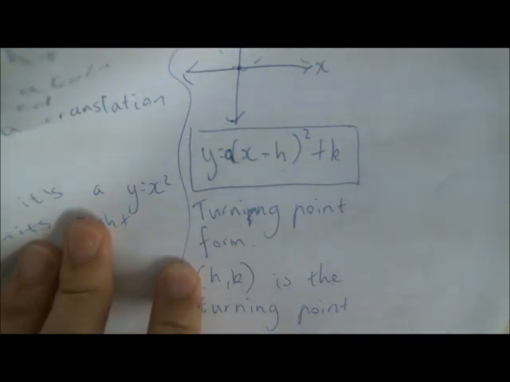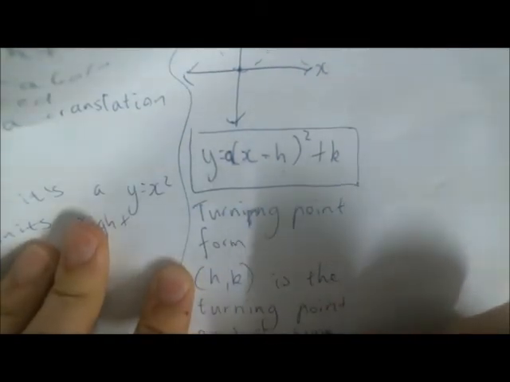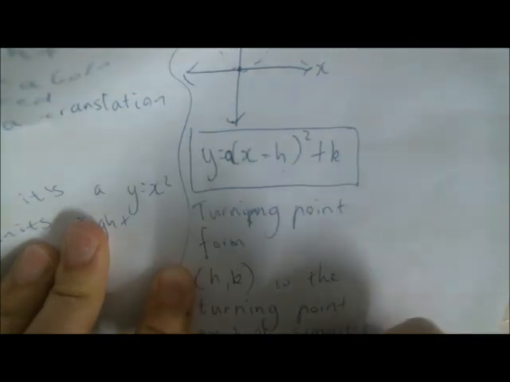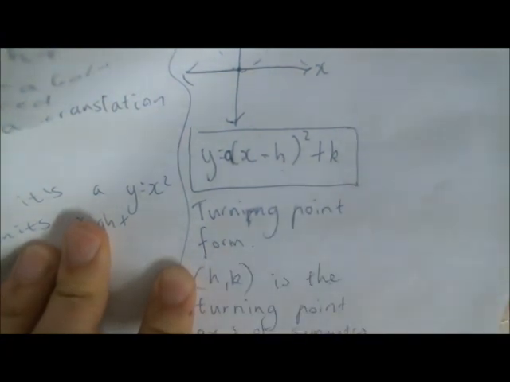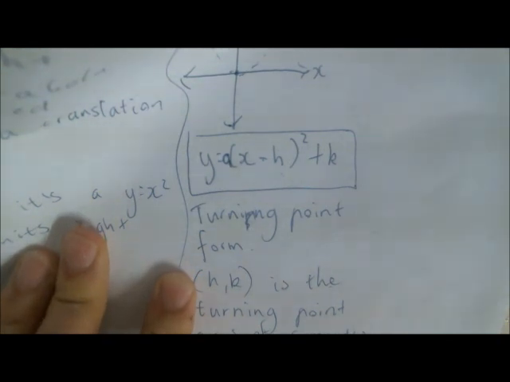And the axis of symmetry is x equals h, because that's where the turning point will be, and that's where, if I cut through, it will be mirrored on each side.